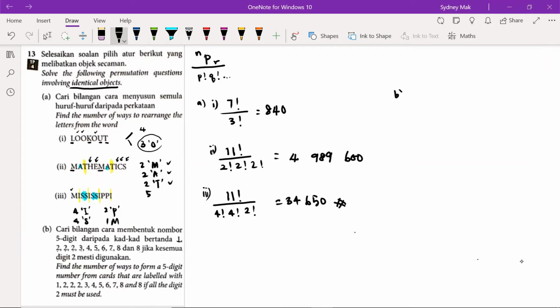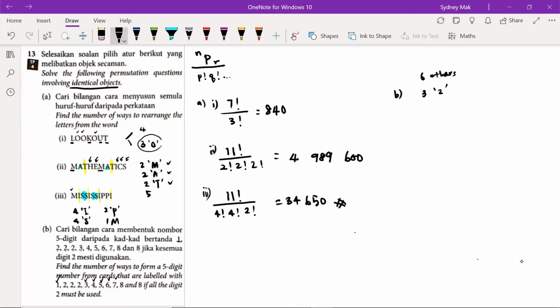For B, we have to find the number of ways to form 5-digit numbers from cards that are labeled with 1, 1, and then 3 times 2. The rest are 1, 2, 3, 4, 5, 6, 6 other numbers.